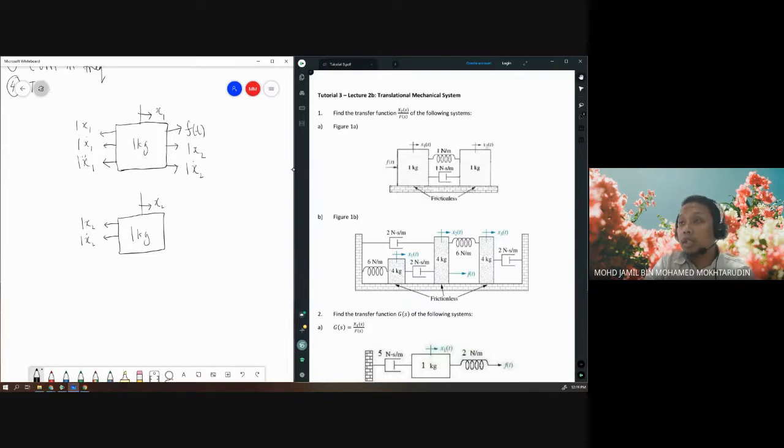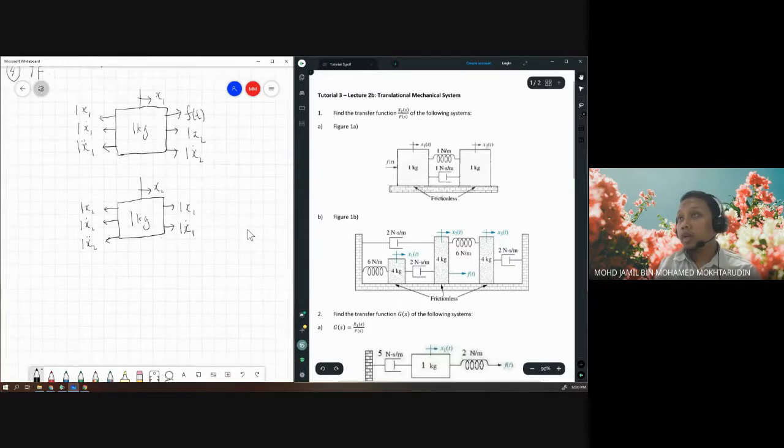We also need to consider the inertia because the box has mass, so we have 1 x2 double dot. The spring and damper are also connected with x1, so there will be forces from x1 on x2: first from the spring, 1 x1, and second from the damper, 1 x1 dot. There is no input force on x2. So here are the free body diagrams.